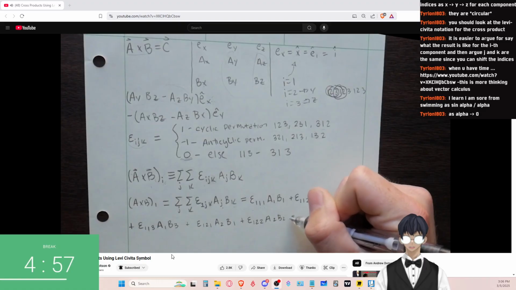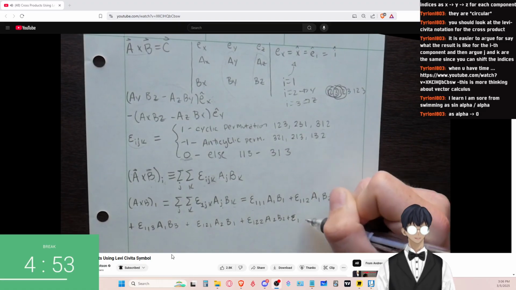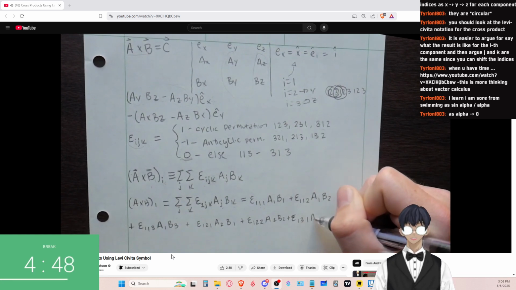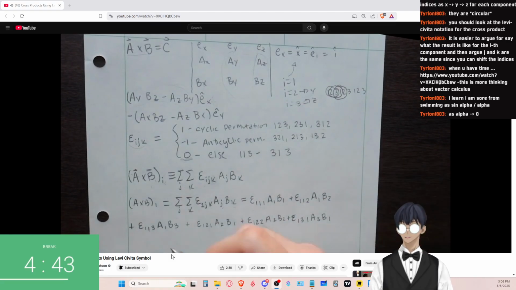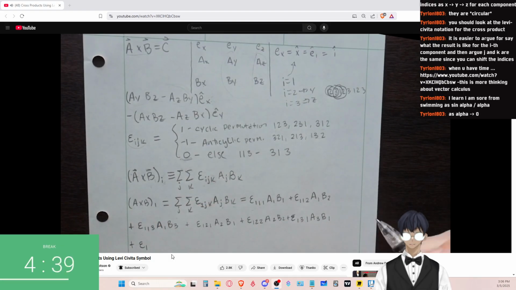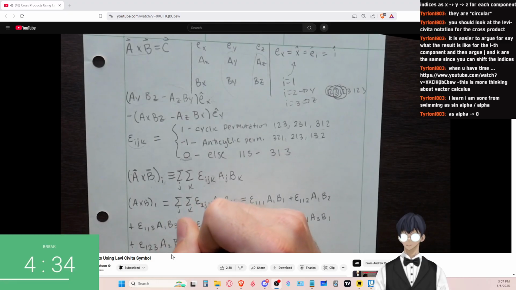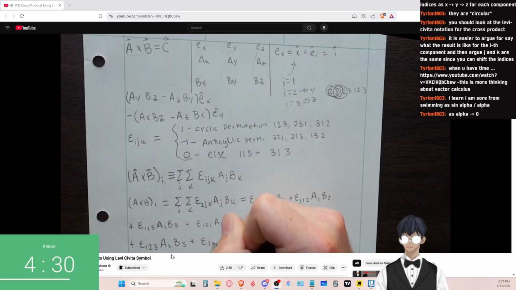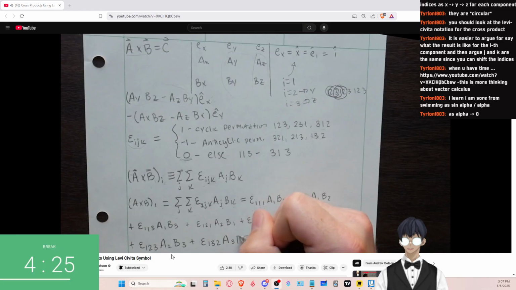Plus epsilon 1, let's say 3, 1, A3, B1, plus epsilon 1, let's do 2, 3, A2, B3, plus epsilon 1, 3, 2, A3, B2.